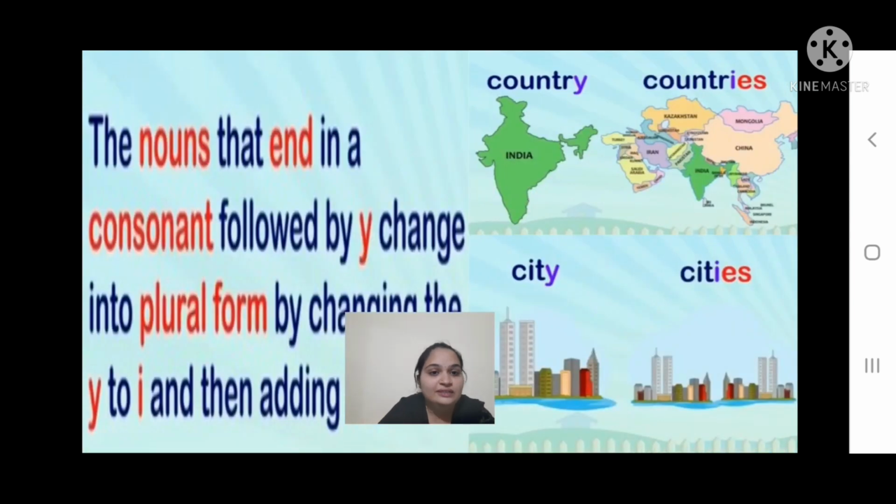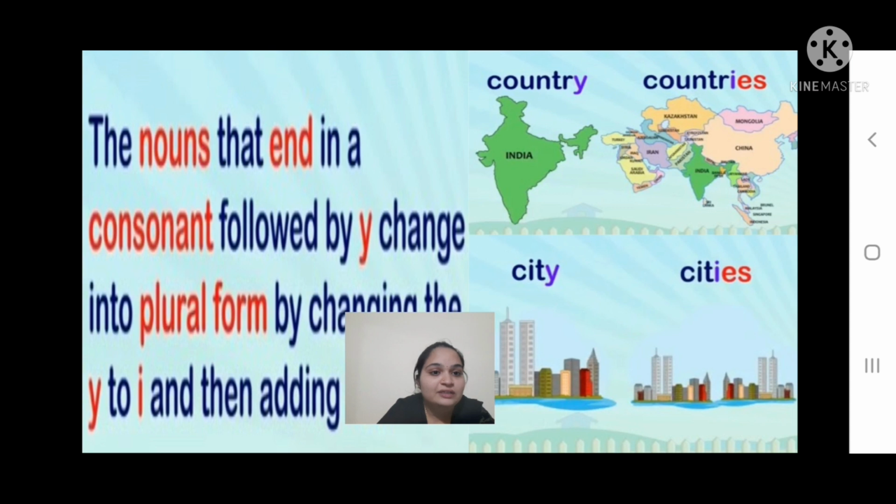And see this rule here, when the nouns end with y and before y there is a consonant letter, then we will remove the y and we will add ies. For example, country, countries. Here the word country ends with y, so we remove y and we add ies.